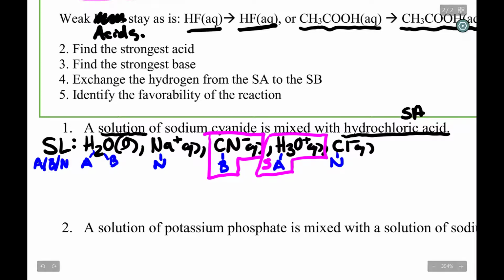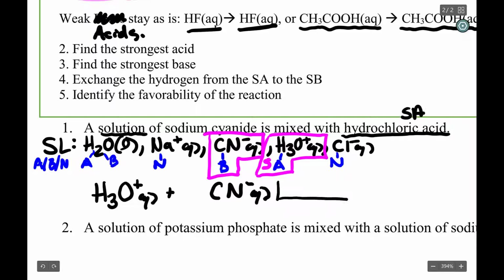I then would react the two species. So I would have hydronium ion aqueous plus cyanide ion aqueous. And I'm just going to draw a rectangle here. We're going to insert the type of arrow that belongs. I would have my acid donate a proton to my base.